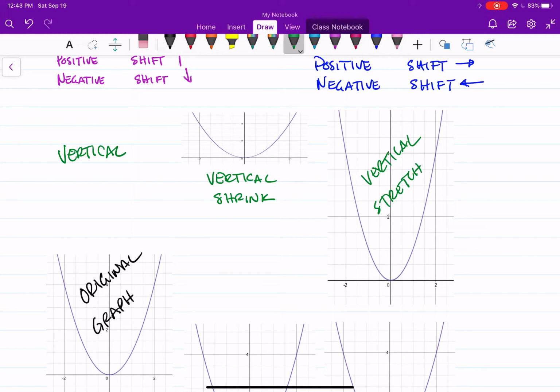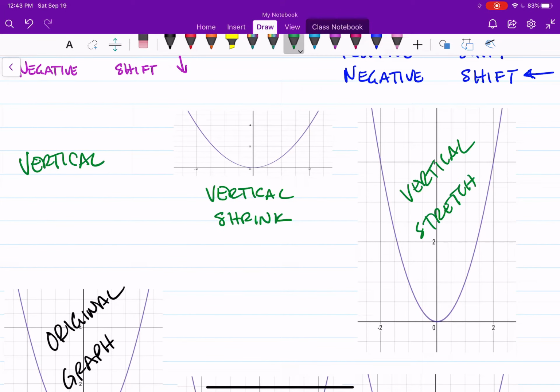Okay? And so when I was in 8th grade, I was a vertical shrink. So that's why I look like a quarter. So I always told people that it was tall, but short. Tall meaning from left to right, short meaning vertically. So I was a vertical shrink.